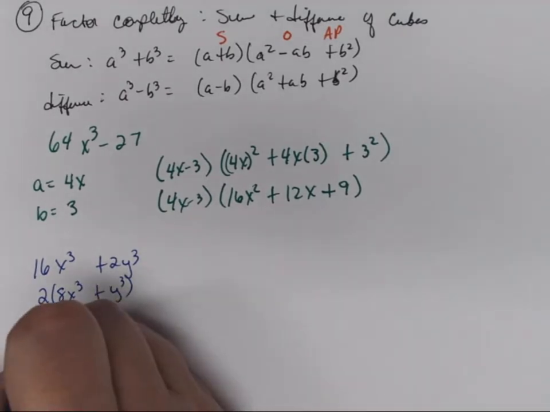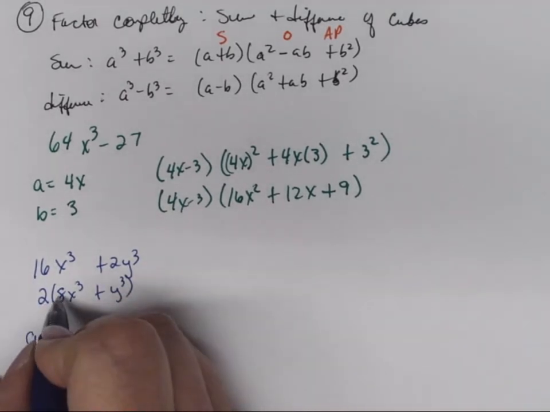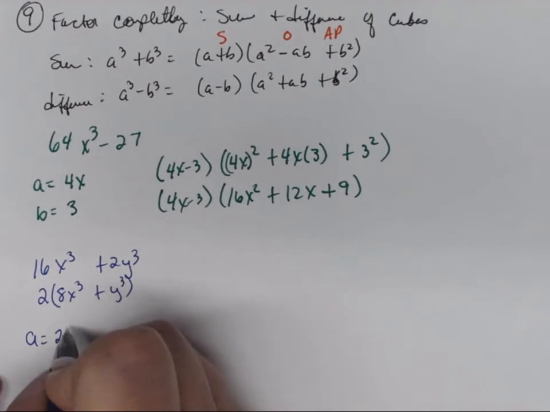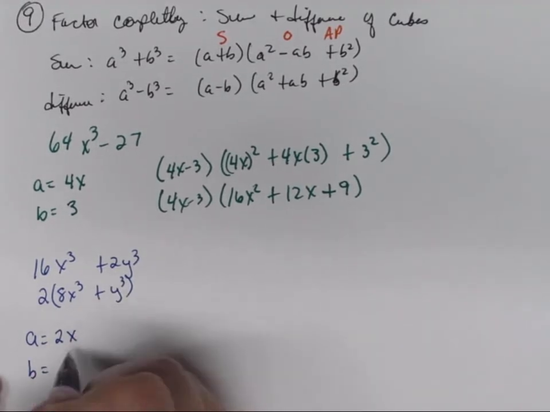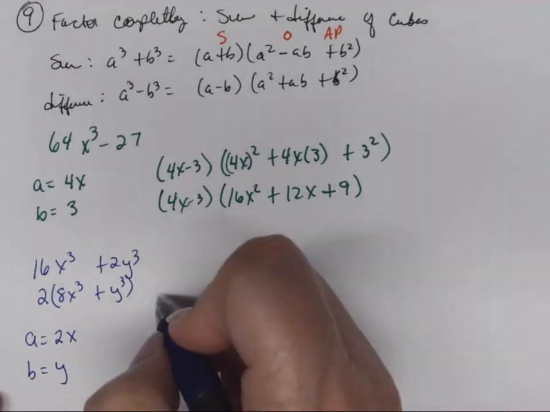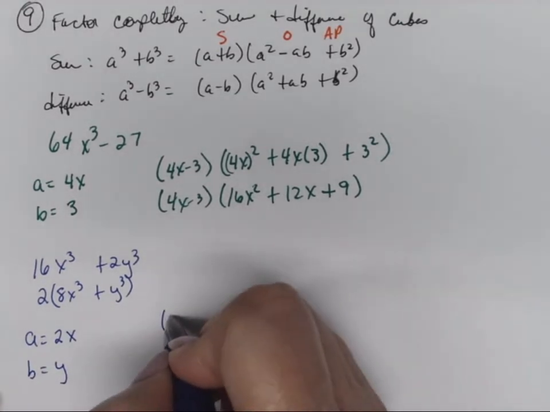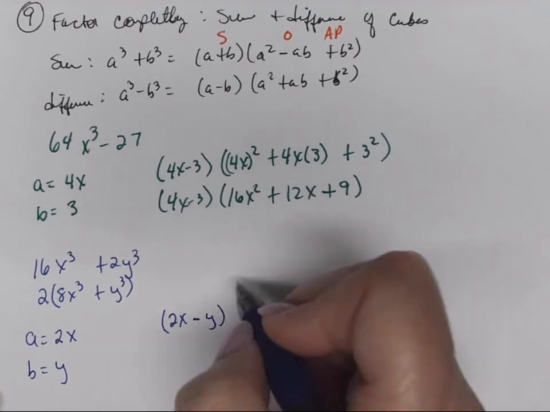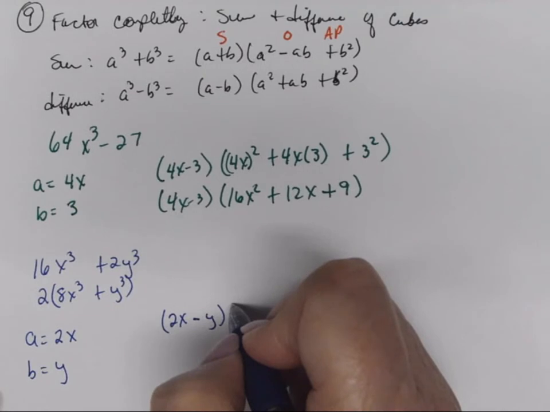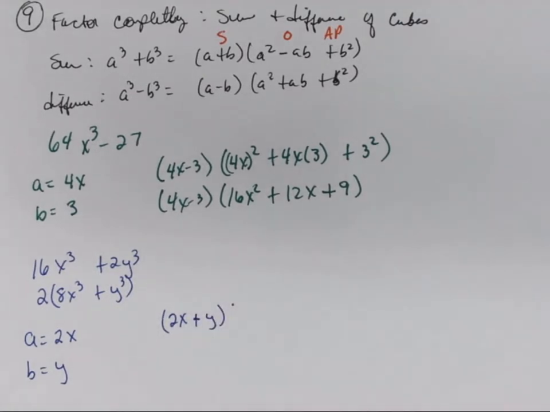So for my a, the cube root of 8 is 2. The cube root of x cubed is x. For b, the cube root of y cubed will be y. So now we'll have 2x minus y. Oh no, sorry, same and then opposite.